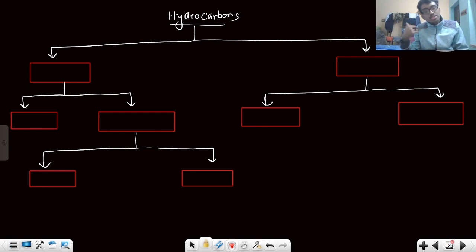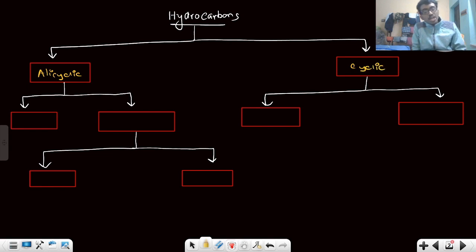Hydrocarbon is saturated, unsaturated, that is the second division. But what is the first and the foremost division? That is going to be whether it is a straight chain compound or a cyclic compound. So the first division that has been done is alicyclic or cyclic. Understood?